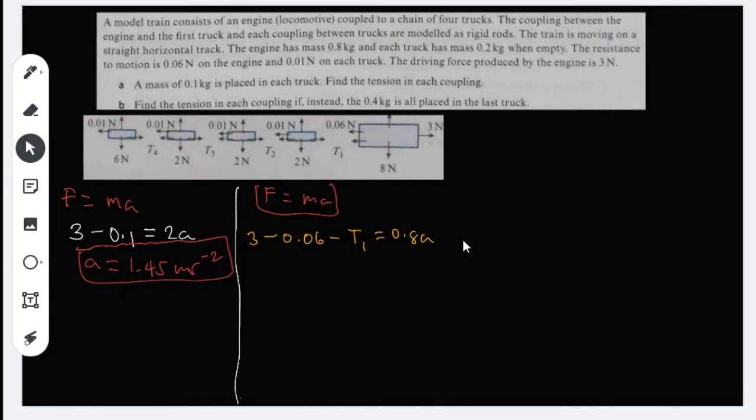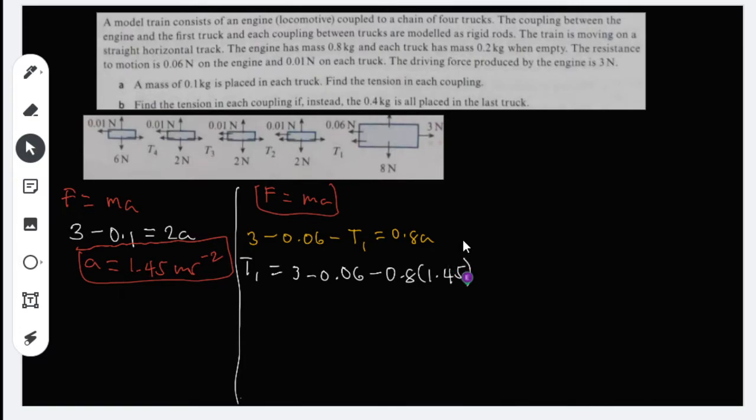So of course, to solve for T sub 1, this will yield T sub 1 is equal to 3 minus 0.06 minus 0.8 times 1.45.